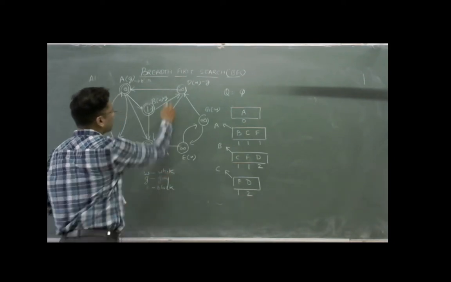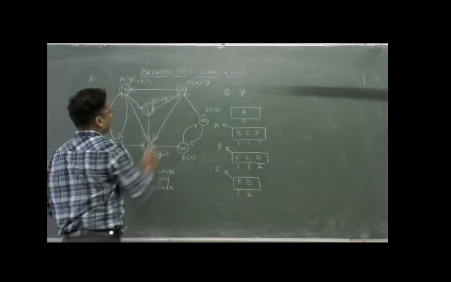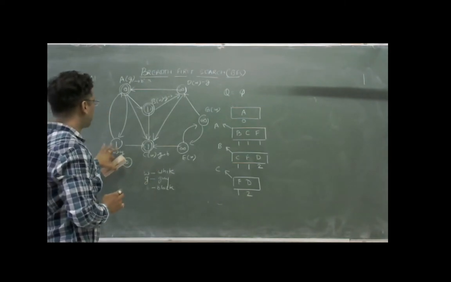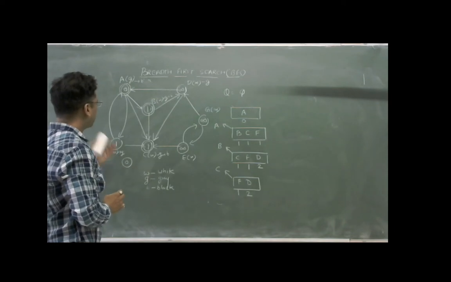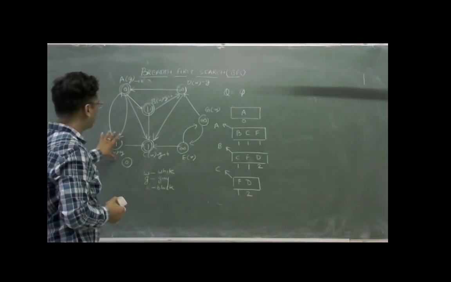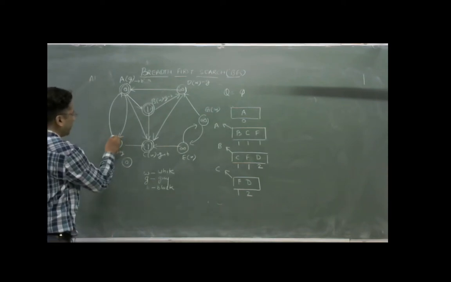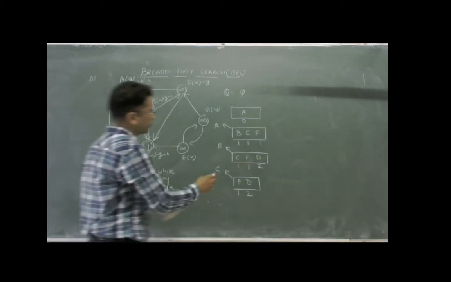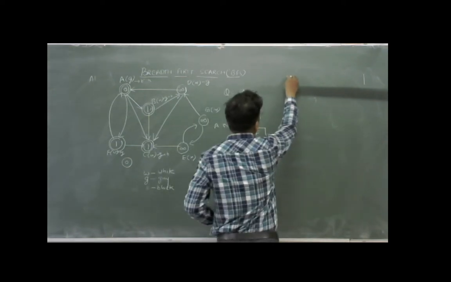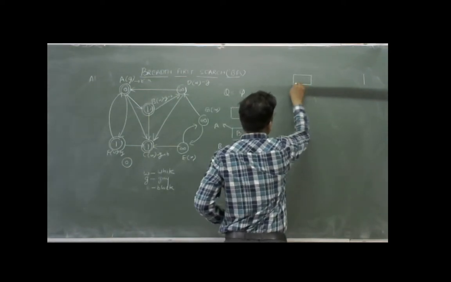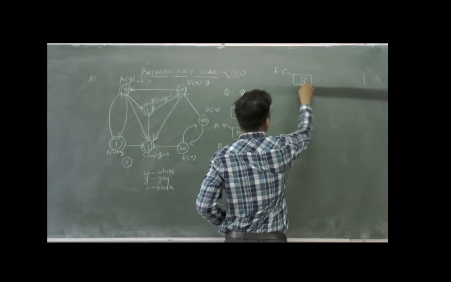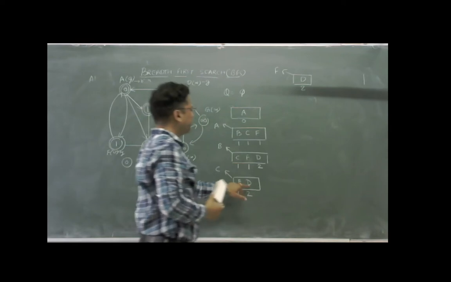There is no node we can search from F that has not been discovered, so this will be converted into black color and eliminated. After this, the only element left in the Q will be D.